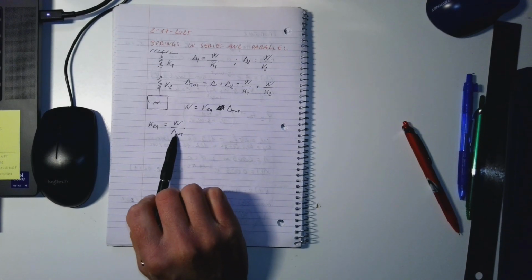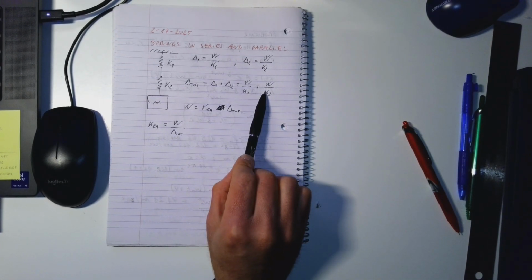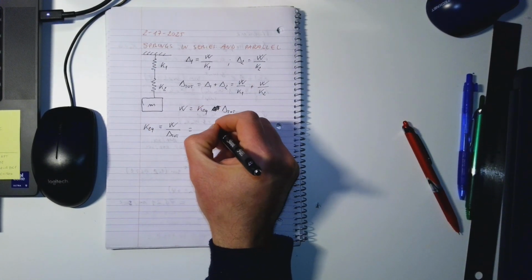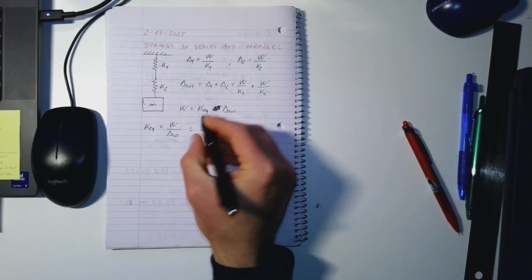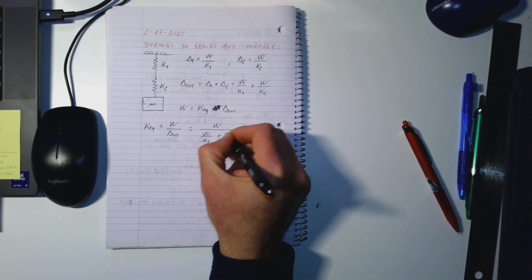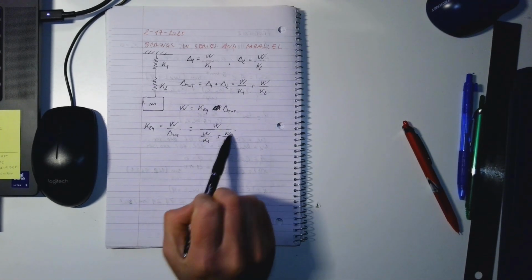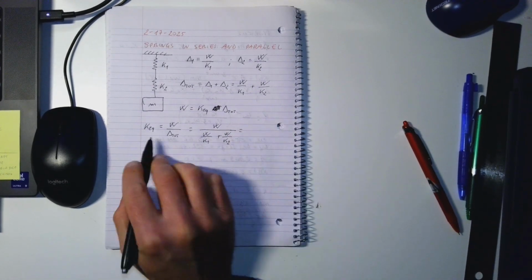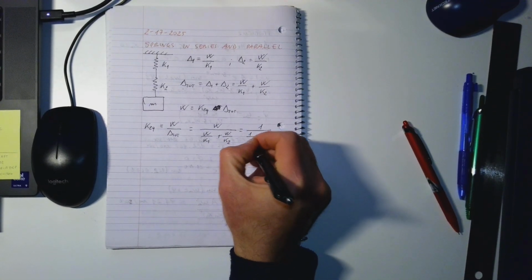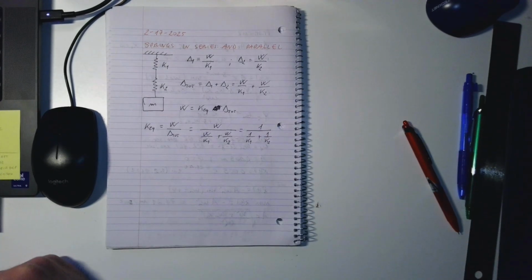We found the expression of the total displacement from here, so basically we can plug in W over K1 plus W over K2. Of course here we can simplify the weight W, so we have that K equivalent will be equal to 1 divided by 1 over K1 plus 1 over K2.